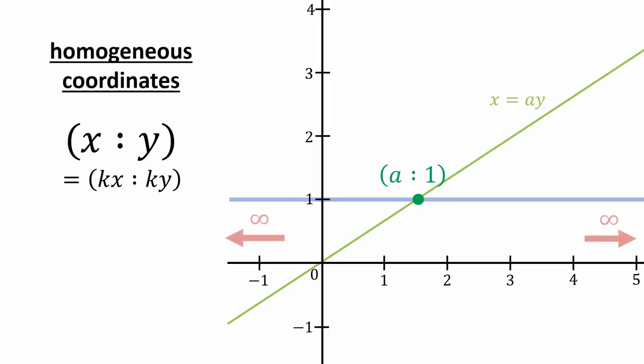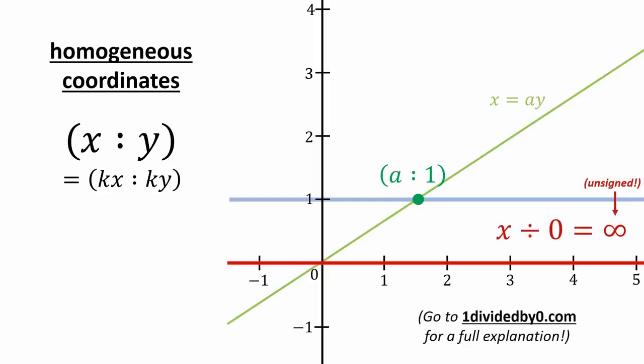This is in fact why we call these homogeneous coordinates. Now what about the point at infinity? Well, remember that the point at infinity corresponds with the line y equals 0, all of whose points have, unsurprisingly, a y coordinate of 0. So we'll use x:0 to represent the point at infinity. This agrees with our intuition that dividing a non-zero number by 0 really should give an answer of unsigned infinity when we're working in the projectively extended real line.